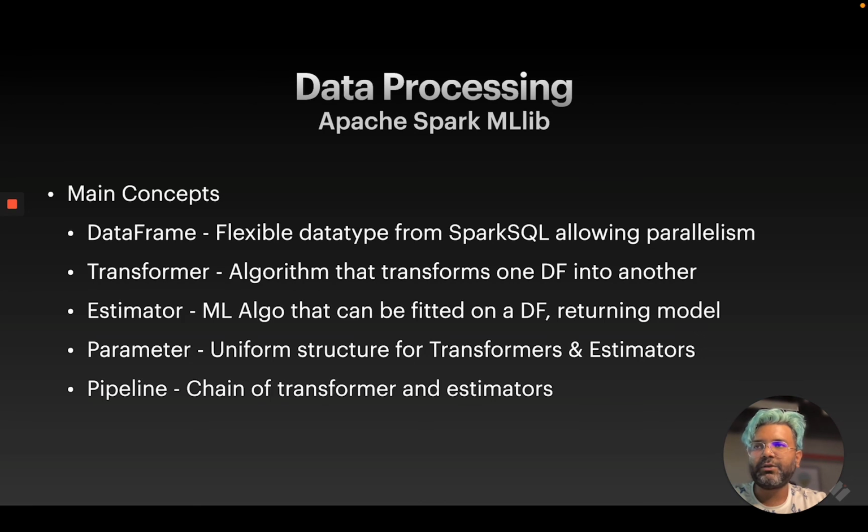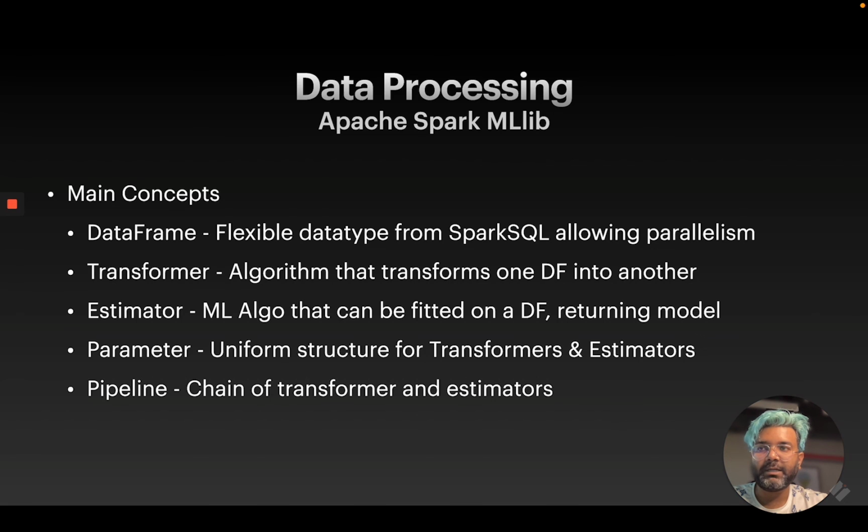So for example, you will have tokenizers, PCA, normalizer, and discrete cosine transform kinds of transformers available right out of the box for you to use. Feature extractors like TF-IDF and Word2Vec are also present. Then there are estimators, which are the ML algorithms that can be fitted on a DataFrame and return a model.